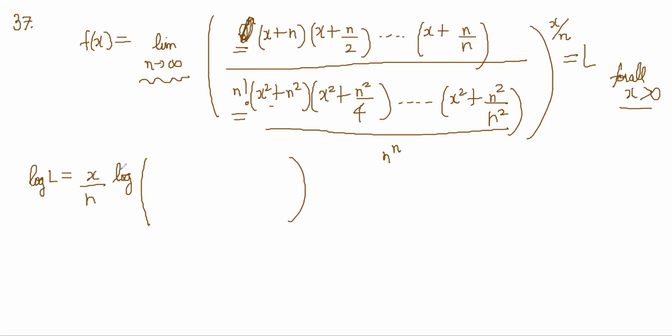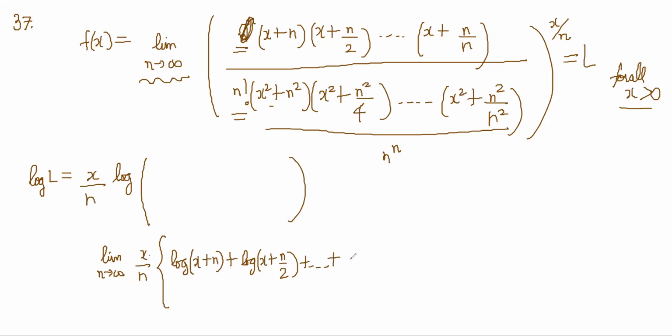You can separate it. Limit n tends to infinity, x by n, you can separate it out: log of x plus n, plus log of x plus n by 2, plus so on, plus log of x plus n by n.